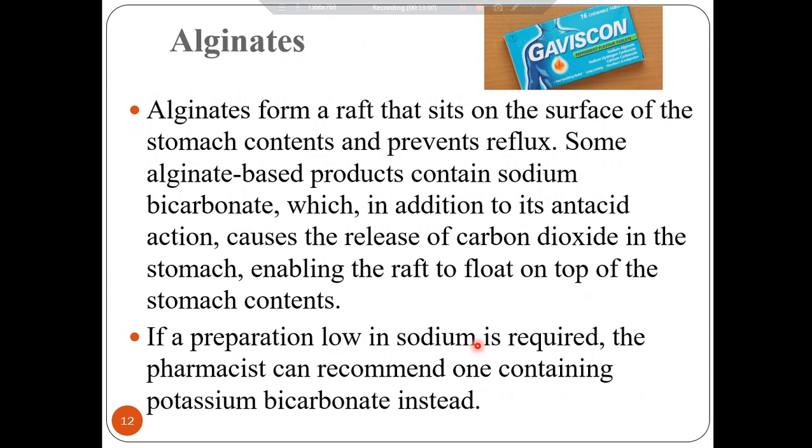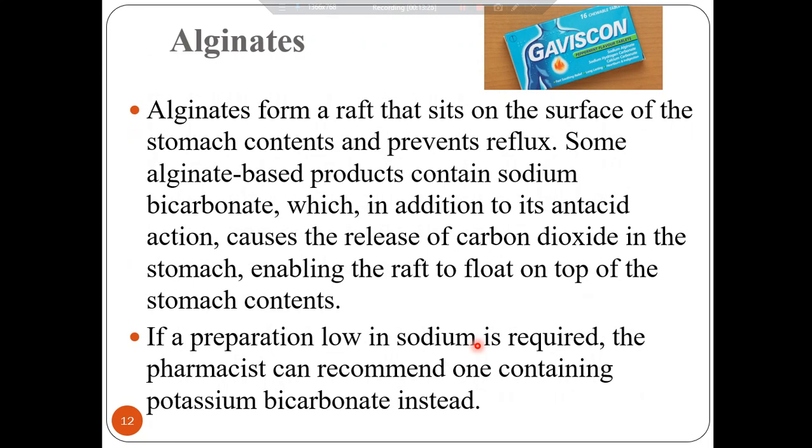Some alginate-based products contain sodium bicarbonate, which in addition to its antacid action causes the release of carbon dioxide in the stomach, enabling the raft to float on top of the stomach contents.